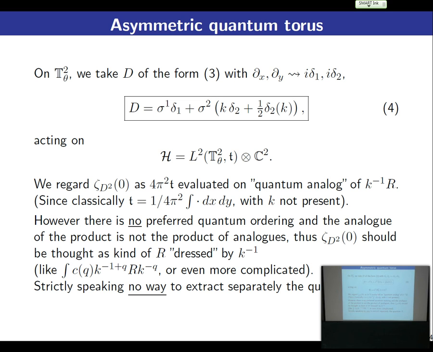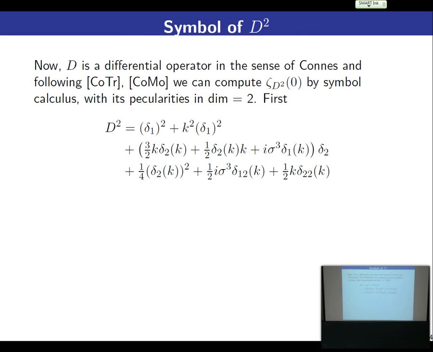So we are really computing the quantum analog of that. There is no way to extract this R separately from the formula. That's just to make it short. This analog can be something like that or something more complicated; we don't know what it is. So some computation gives us some quantum analog of k inverse R.